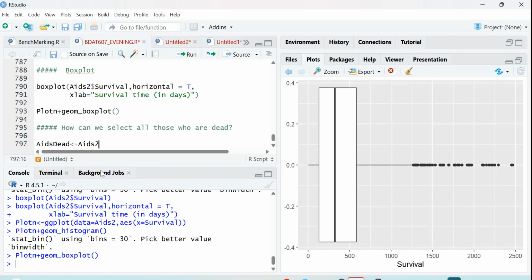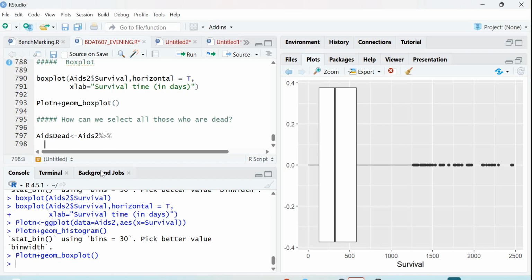So dead is D. So we can consider status to be 2 equal to D. So what should I continue from here? We do the pipes. Then what?